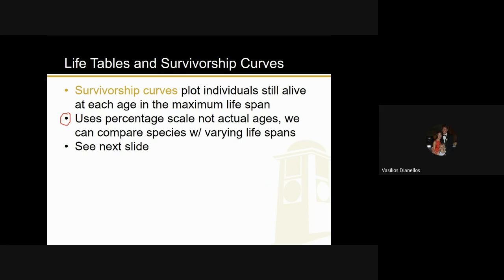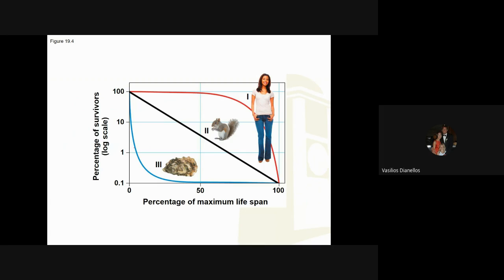And that helps because that way we can compare different species, right? So if you have a species like, I don't know, a turtle that lives to be 100-something years old, and you compare that to a species like a dandelion, which is only going to live a year, that wouldn't be practical if you were looking at years on the x-axis. But it's not years, it's percentages.